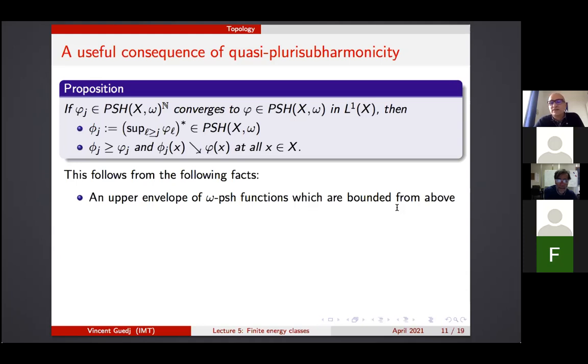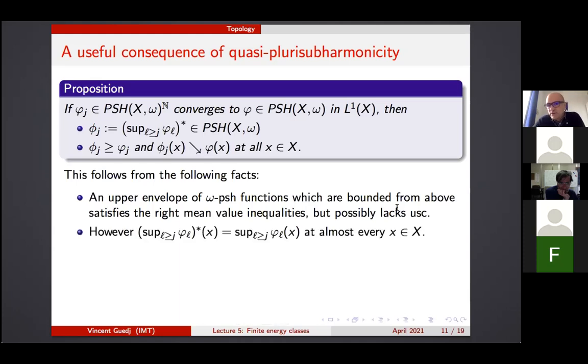And this is the strongest or the most important property within plurisubharmonicity. So somehow the supremum is almost omega-psh, but when taking suprema like this, you are losing in general the upper semi-continuity property. So this supremum satisfies the right mean value inequalities, but we are possibly lacking the upper semi-continuity.